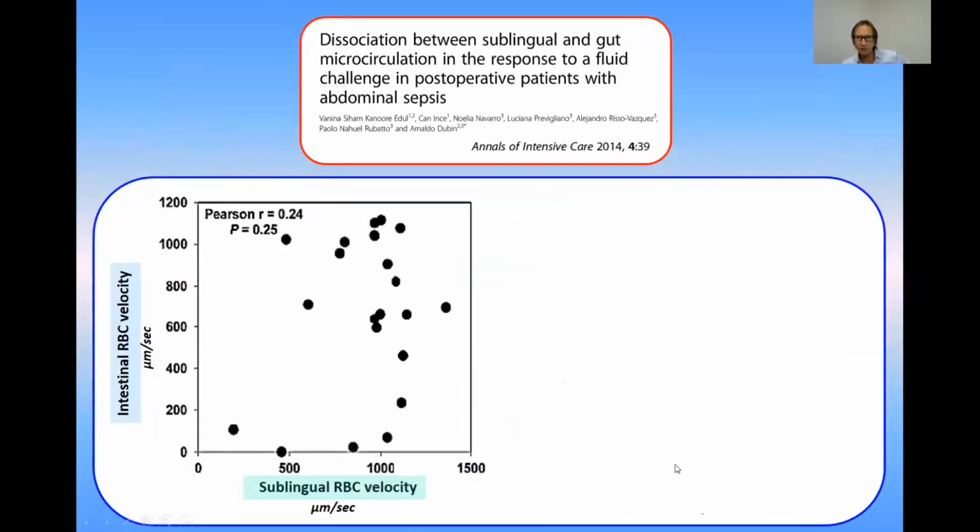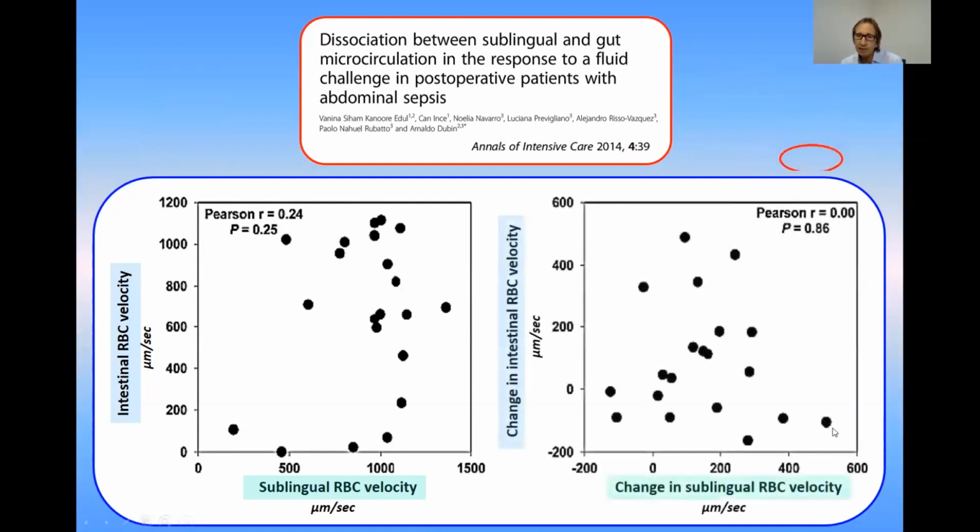Another study coming from Argentina found the same results. They measured at the same time the sublingual RBC velocity and the intestinal RBC velocity using the same technology, again, the handheld vital video microscopy, and they did not find any correlation. Also, they did not find any correlation for the change in sublingual and intestinal RBC velocity after a fluid challenge.